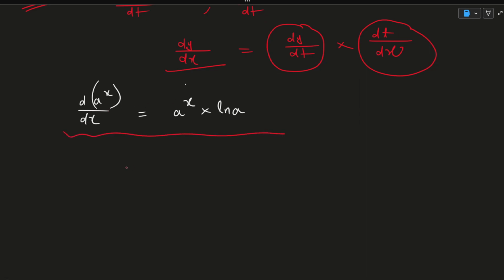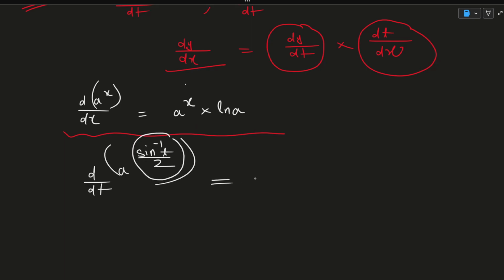So here we are given d by dt of a to the power sine inverse t by 2. Here we will apply our chain rule by assuming this one to be x. So it will be a to the power x into ln a.